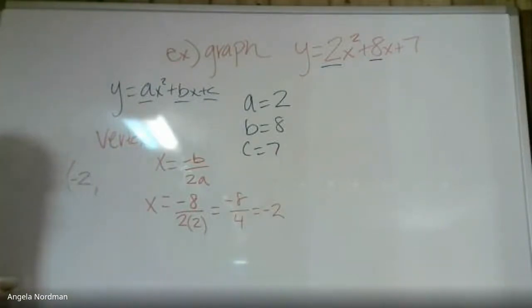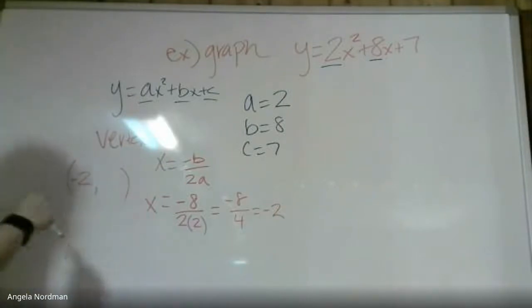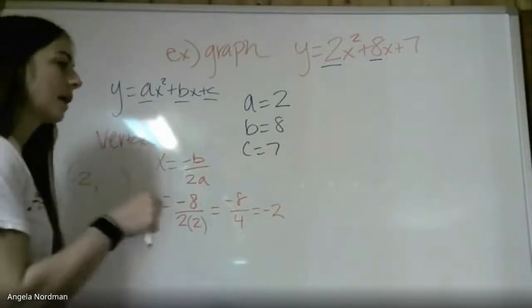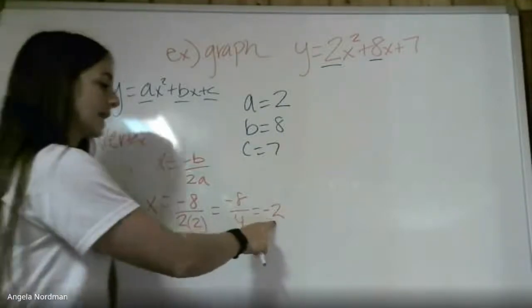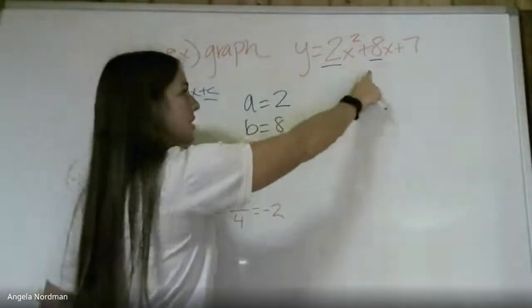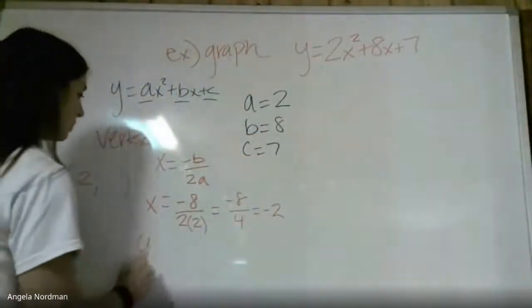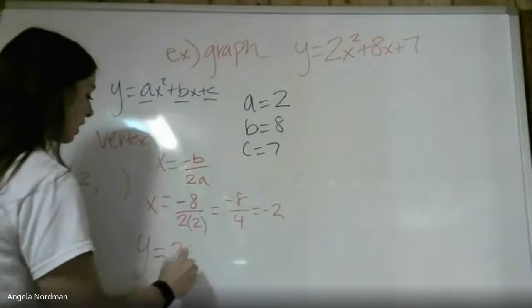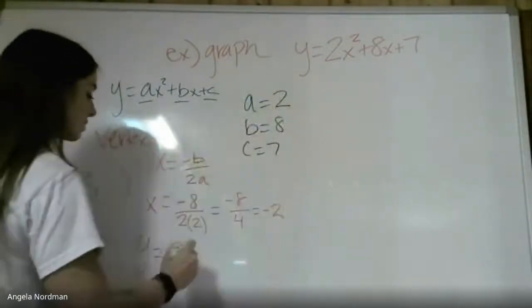So far, in my vertex, I have -2, comma something, right? I don't know what my y value is. Anytime I have an x value and I need to find the corresponding y value, I take that x value and plug it into every x in my original equation. So this would be y equals 2. I'm going to use substitution, right? I'm substituting -2 for x.